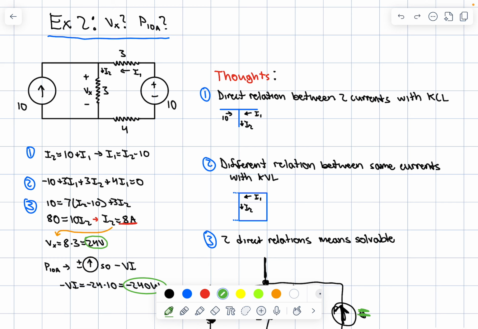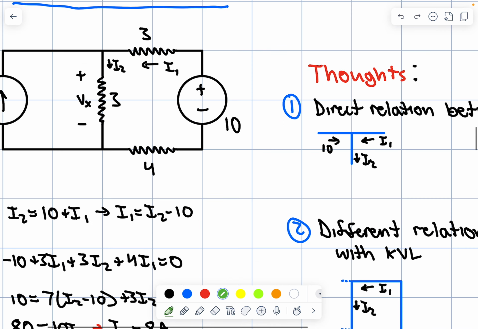So the best I could do is maybe directly relate two unknowns, two variables. And so I've instantiated some current going this way and current going this way, because you can say current's going whatever way you want. The reason I've done that is because I need this I2 to find the Vx across this 3 ohm resistor.